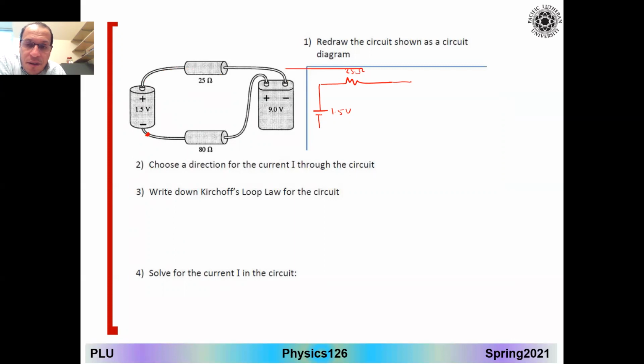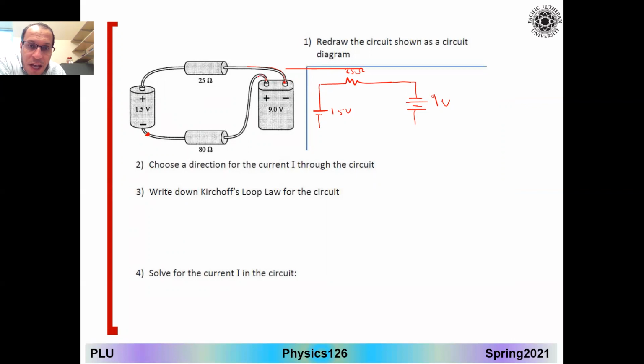Then, guys, I follow this direction. Here I start with the negative, and here is the positive. This one is 9 volt, so I add another battery, 9 volt. Now I am at the positive terminal.